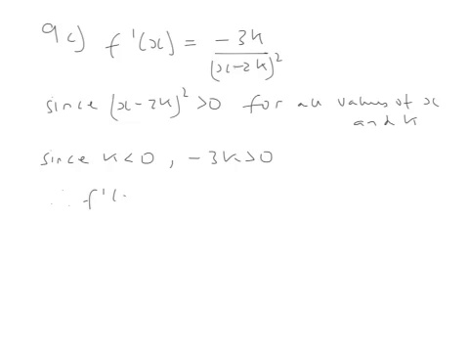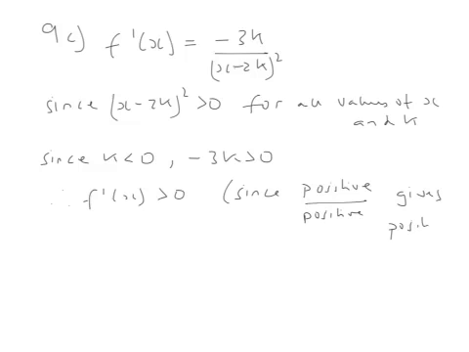Therefore f dashed x is positive, since a positive number divided by positive gives a positive answer. So since f dashed x is positive, therefore there must be an increasing function, since the gradient is always positive.